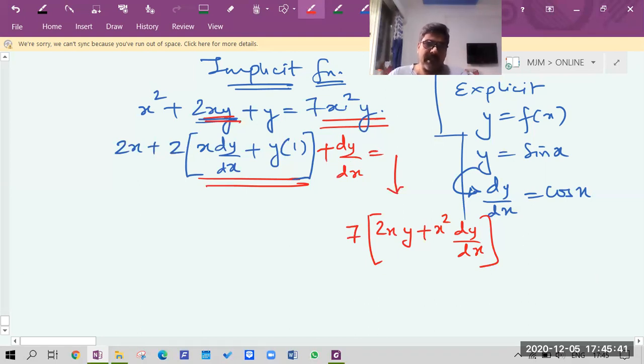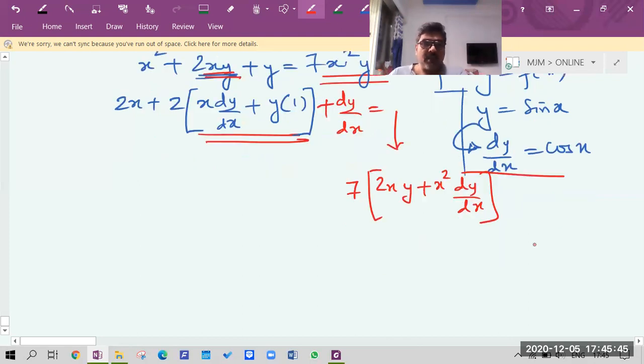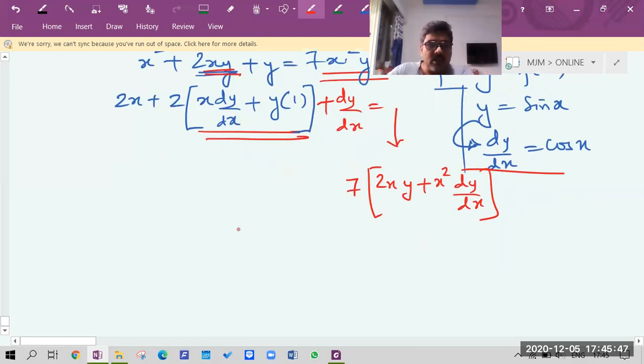But that's not your dy by dx because now comes simple algebra which says: collect all like terms together. Like term in the sense dy by dx together. So which are dy by dx terms? 2x. So this is a dy by dx term. This is a dy by dx term. So plus 1. And I take the dy by dx term from here. So this is 7x square which goes there and becomes minus 7x square.